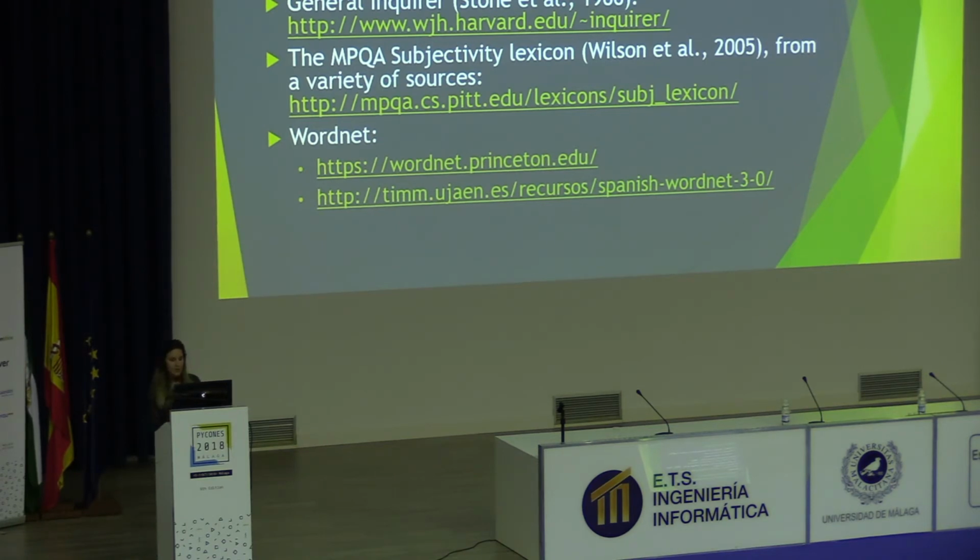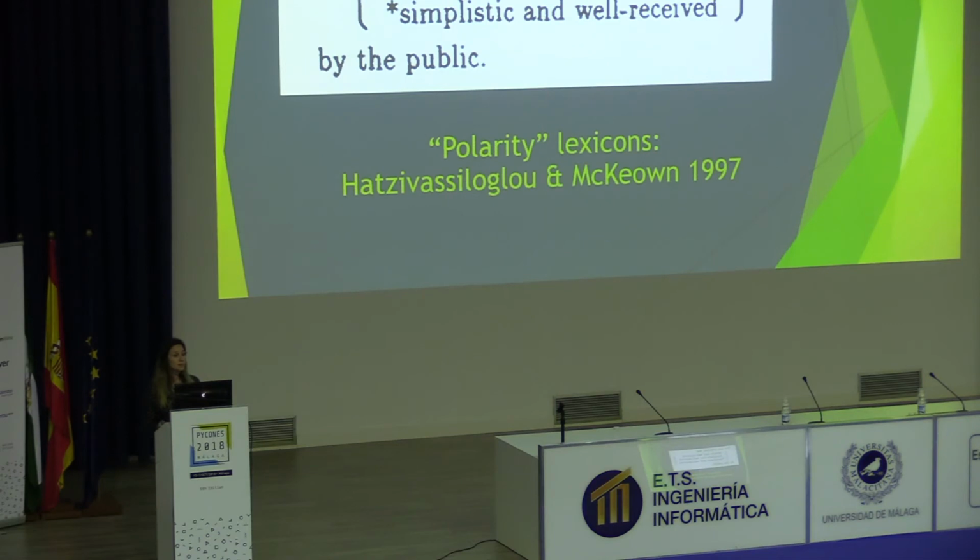And if you want to do unsupervised learning, there's this article by these two guys, I cannot pronounce the name. They decided to investigate that, and they came up with a very good idea, which is polarity lexicons, but they are automatically or semi-automatically created. And it goes like this.